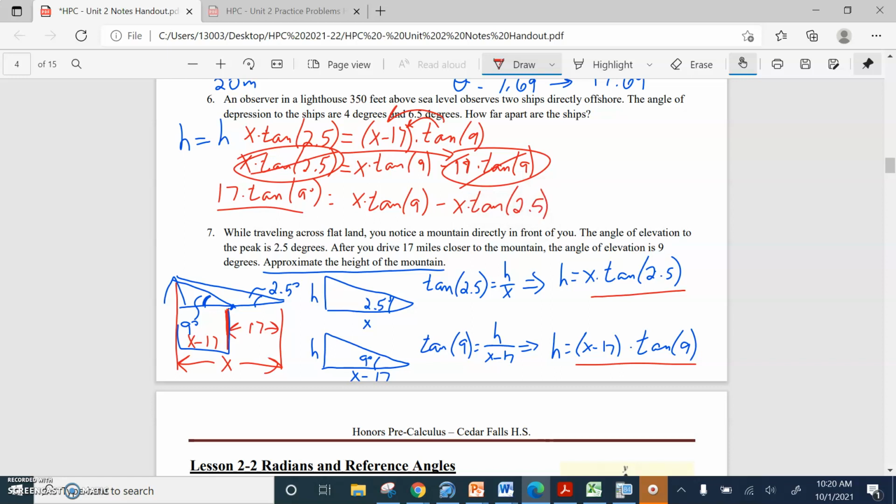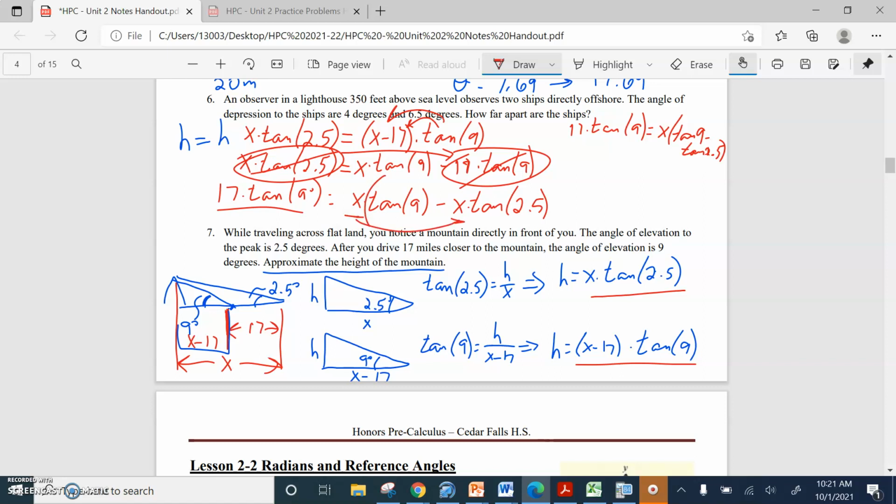Our next step is to factor the x out of that equation. So we say 17 tangent 9 equals x factored out of tangent 9 and tangent 2.5. I pulled the x from here and here, out front.